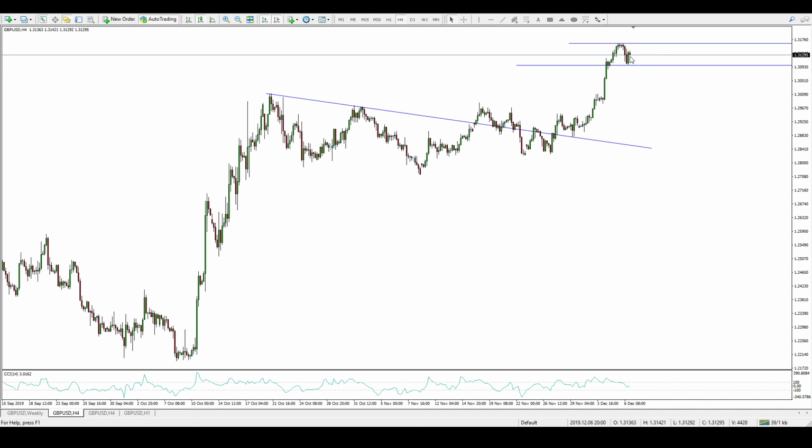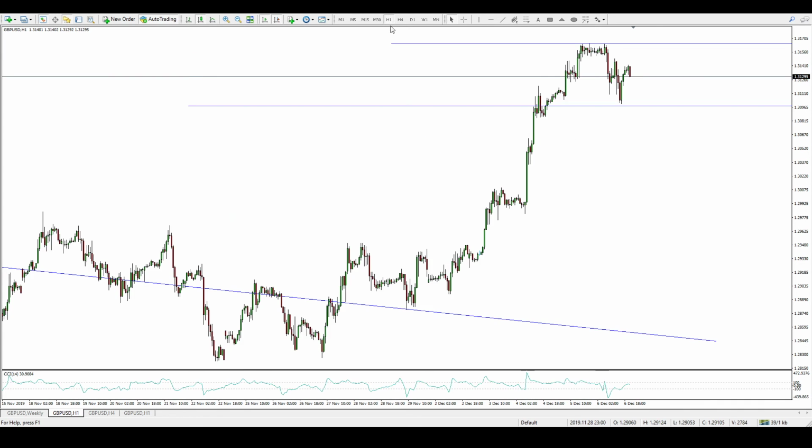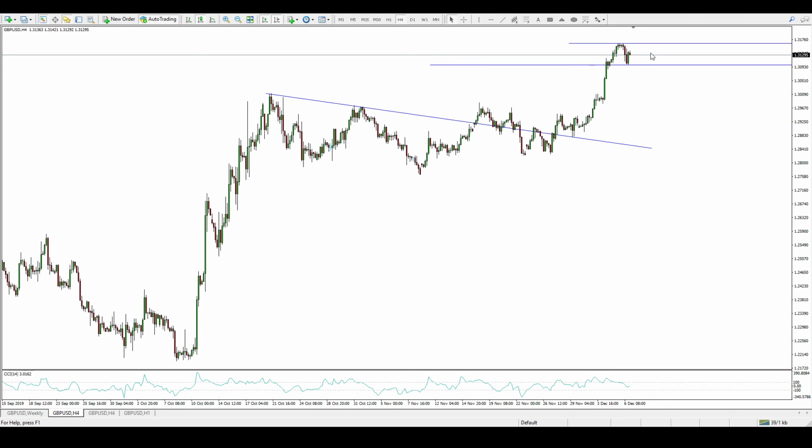Okay, all right, the best play that I would have for this pair would be trading it in 4 hours.